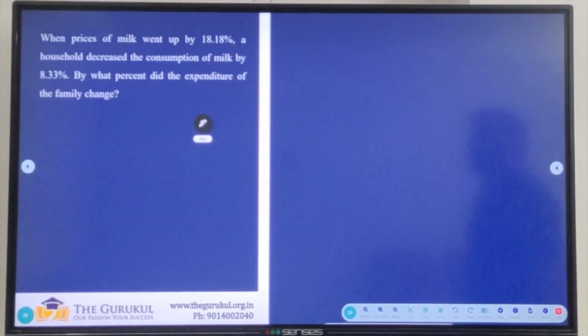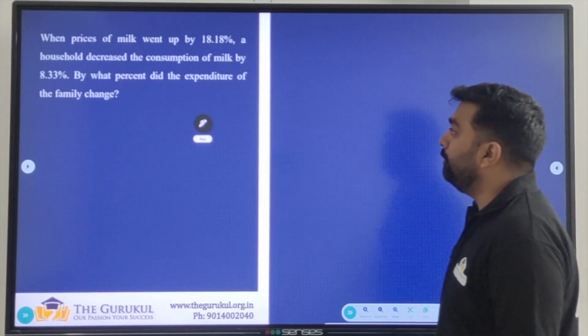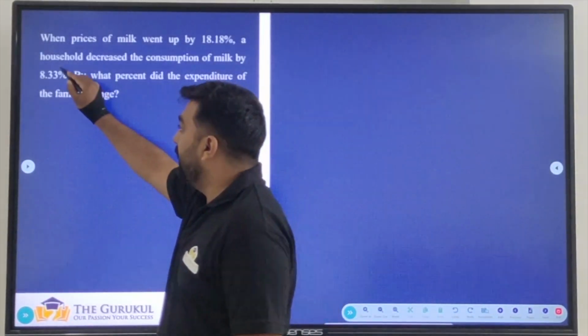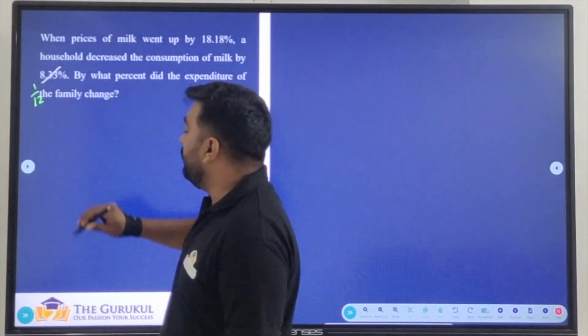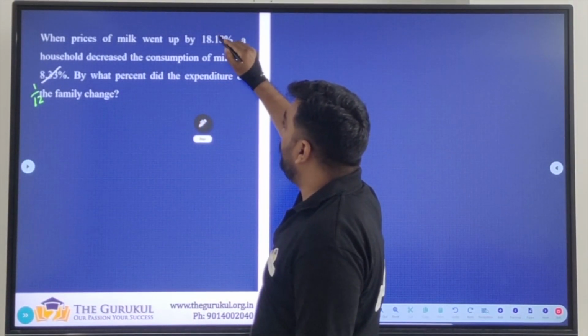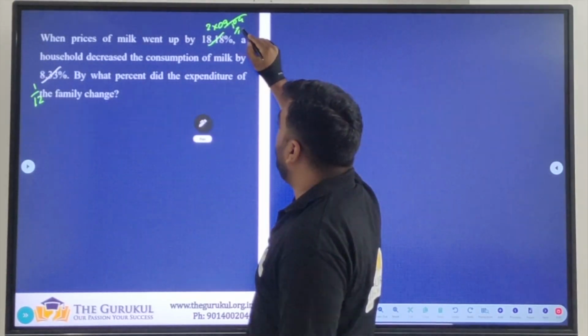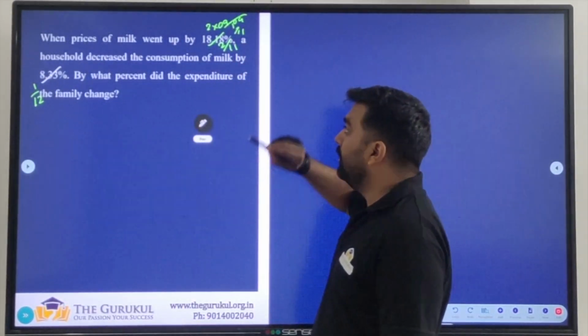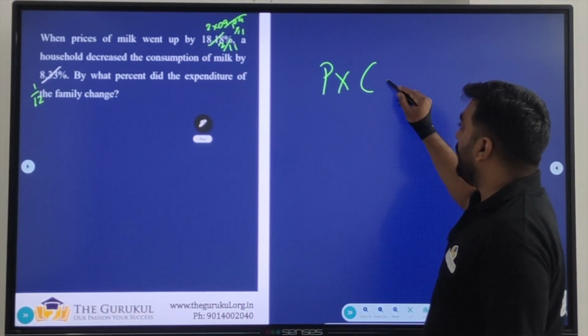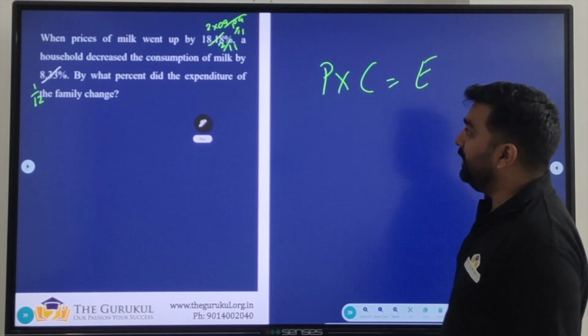When price of milk went up by 18.18%, a household decreased the consumption by 8.33%. 8.33 is 1 by 12. 18.18 is 2 into 9.09, 1 by 11, that is 2 by 11. So price into consumption equal to expenditure.